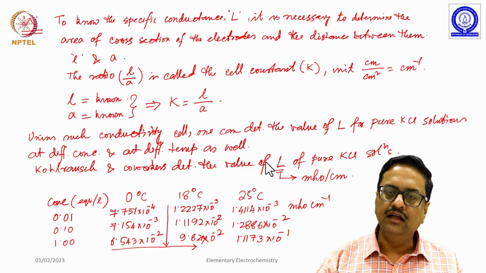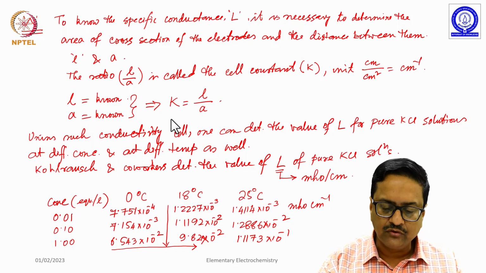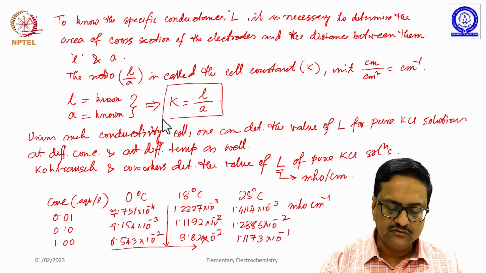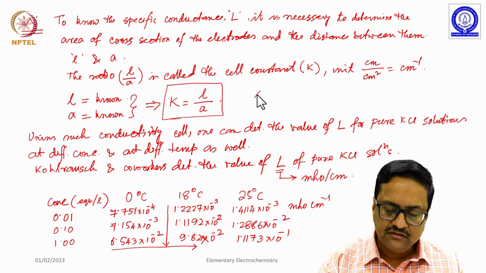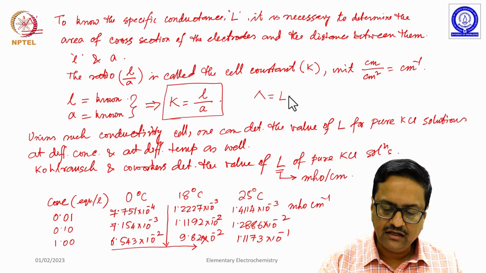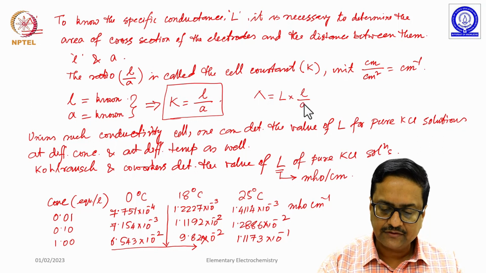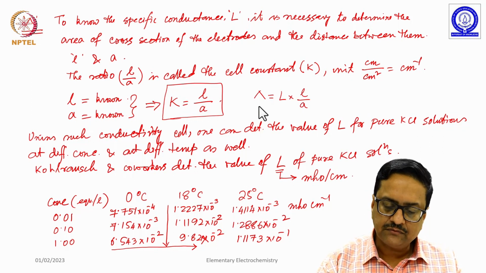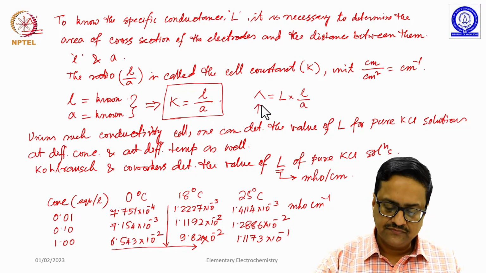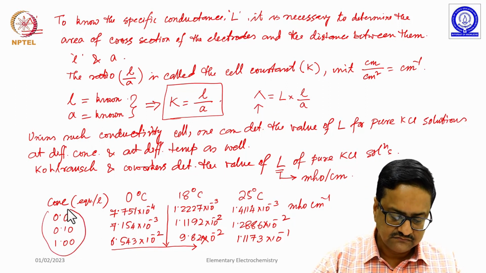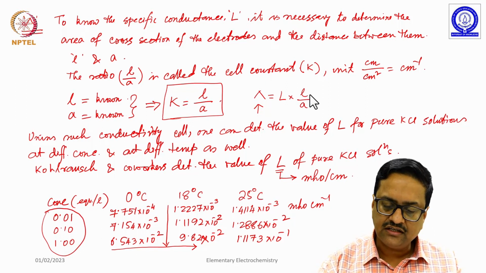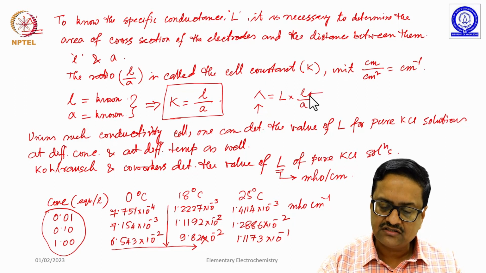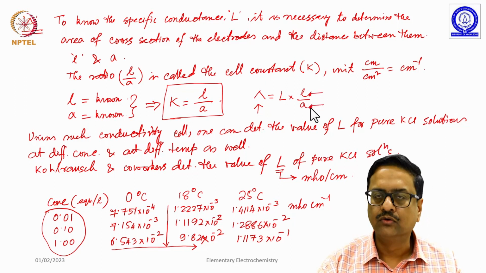So that has been taken care of by knowing the values of l and A. If you remember, lambda equal to L into l by A. So what they have done, they have determined the values of conductance of these solutions at different temperatures with the conductivity cell for which the l and A were known.